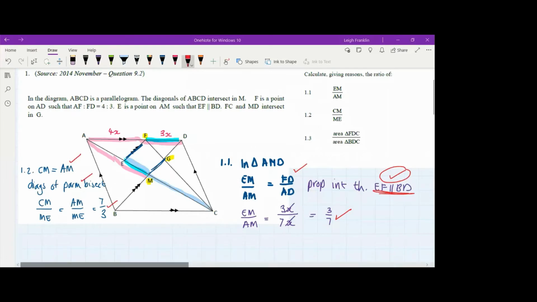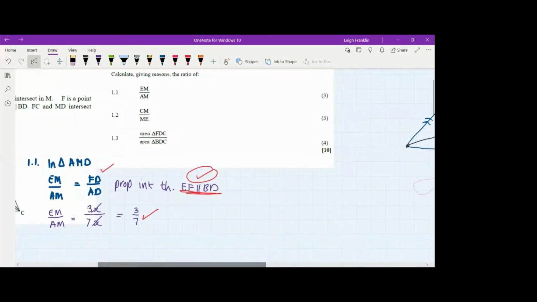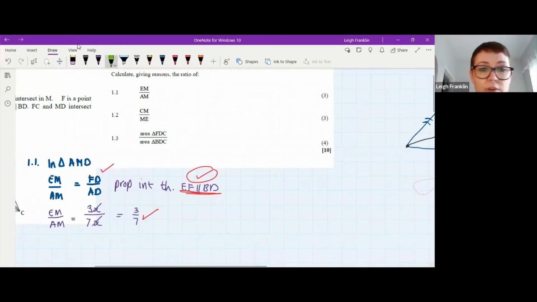Half times base times height. Beautiful. So the one way that we can do it when we get to matric is that the area of any triangle is going to be half base times perpendicular height. So very important, that word perpendicular. All right. What's the other way that we can do it?